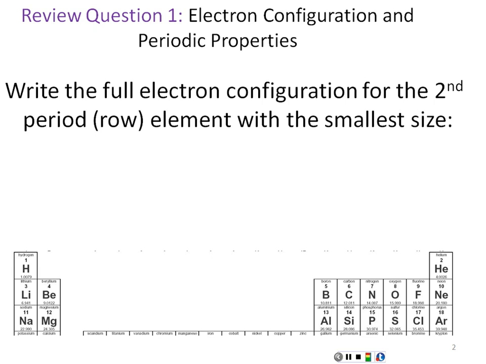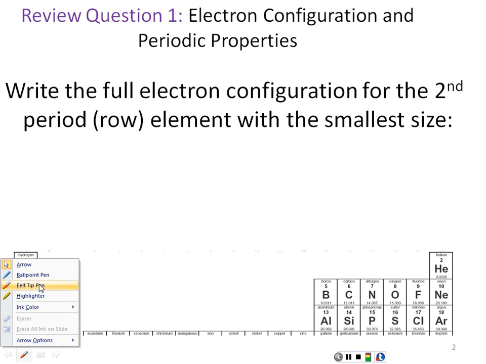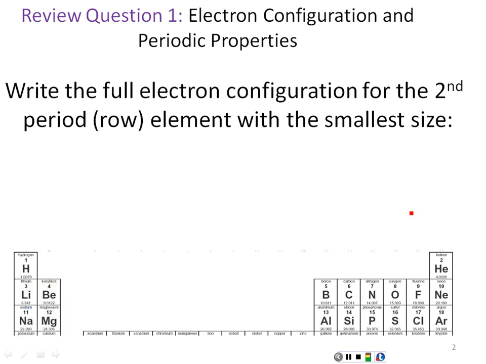Now, if you remember, atomic size increases as you go to the left side of the periodic table and as you go down a group. So the smallest atoms are going to be on the right side of the periodic table and towards the top.